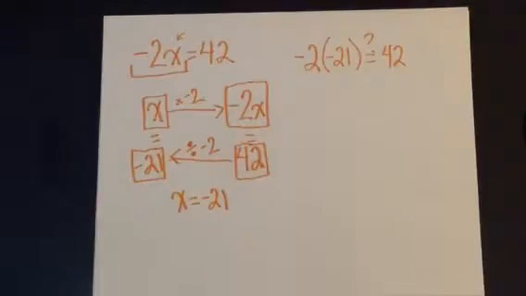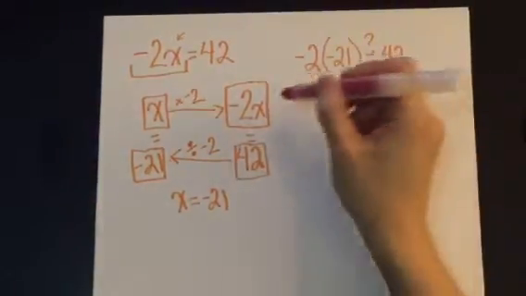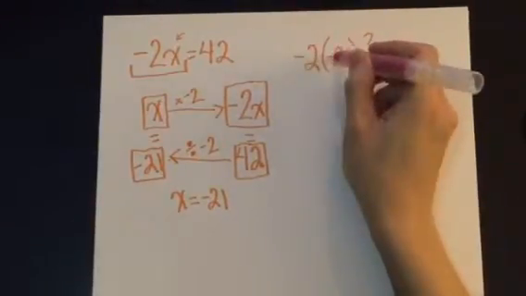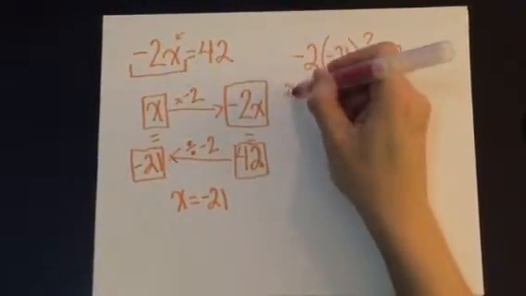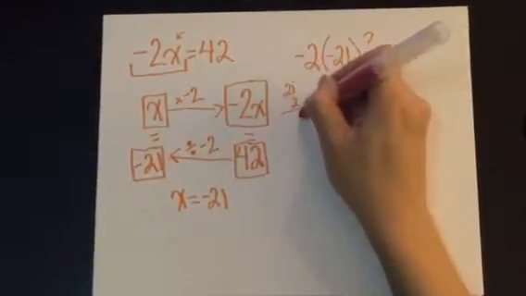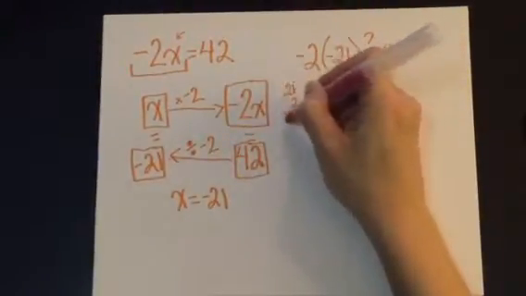At this point, I would whip out my calculator, or I could do a side problem, which is what I'm going to do right now. I know a negative times a negative is a positive. So I'm just going to take 21 times 2. 2 times 1 is 2. 2 times 2 is 4.